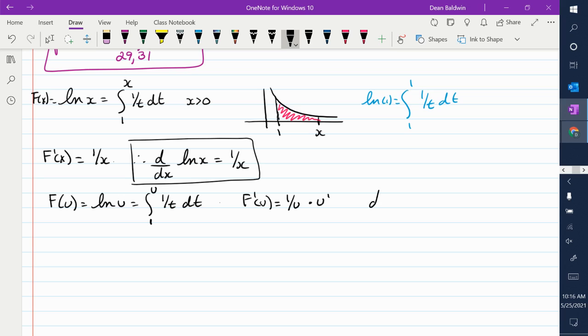So we get the derivative with respect to x of the natural log of u is u prime over u.